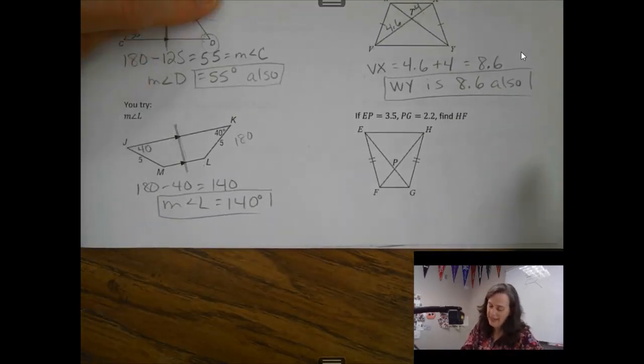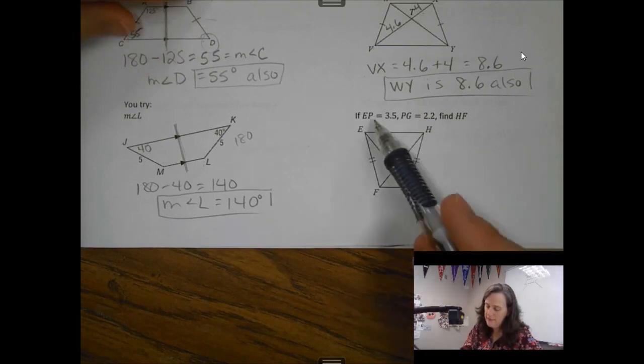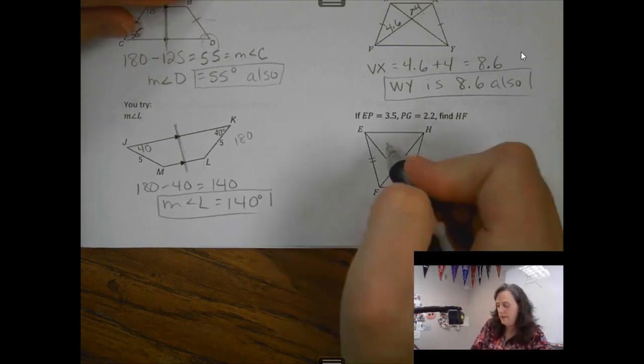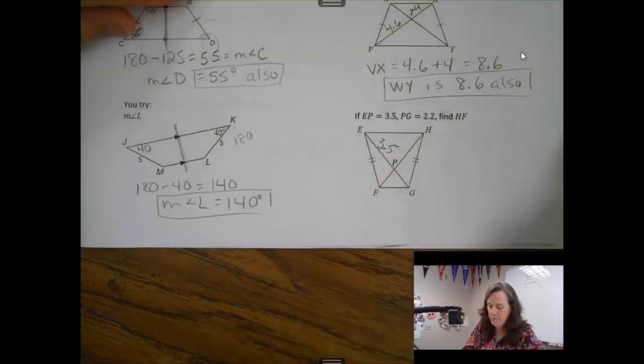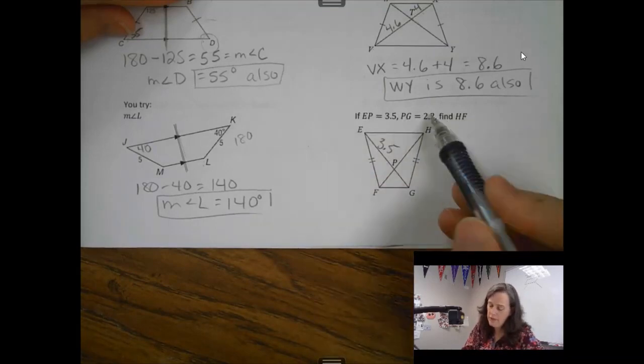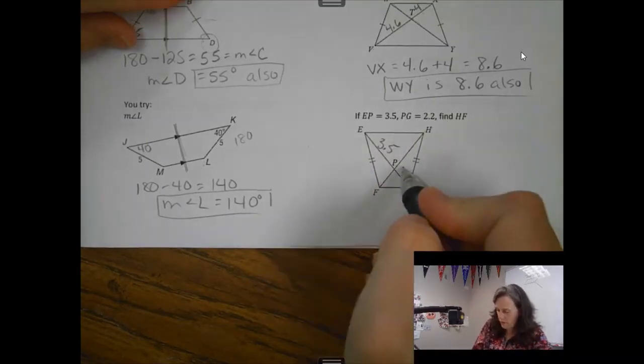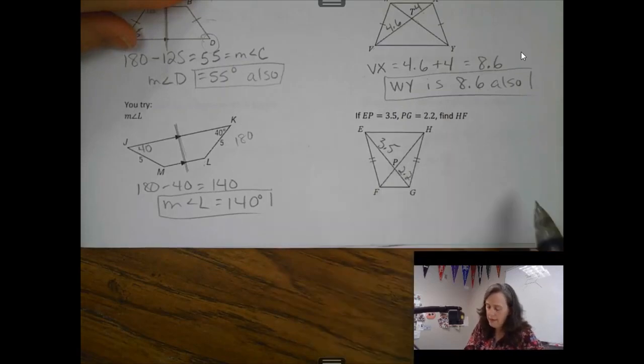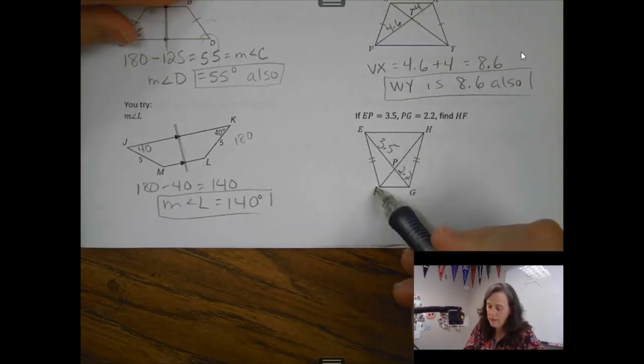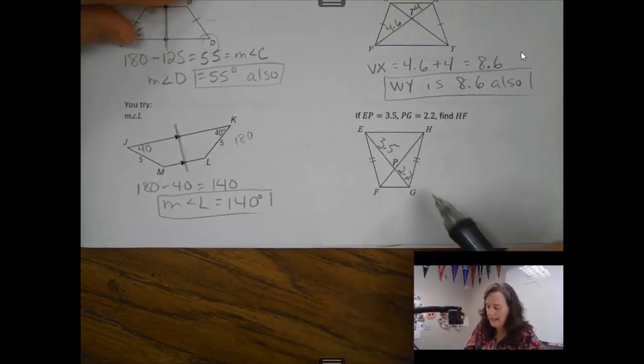Yes. Okay, and then this one says, if EP is 3.5 and PG is 2.2, find HF. Okay, so we're lining up our opposite diagonals again.